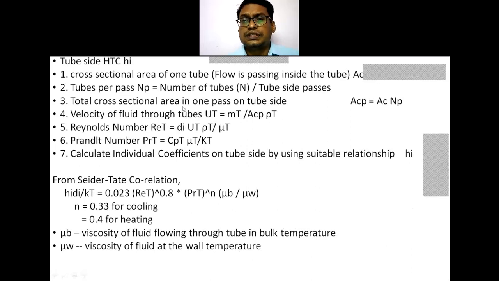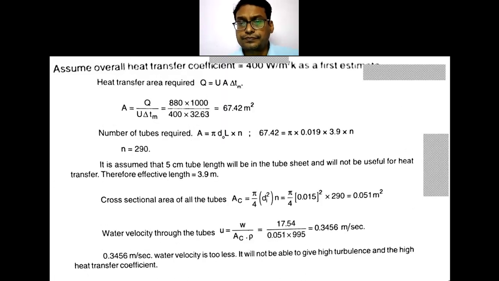So this is the total cross sectional area in one pass on tube side, which is ACP, which is equal to AC into the NP, number of tubes per pass. So this is already the cross sectional area of all the tubes that is mentioned.